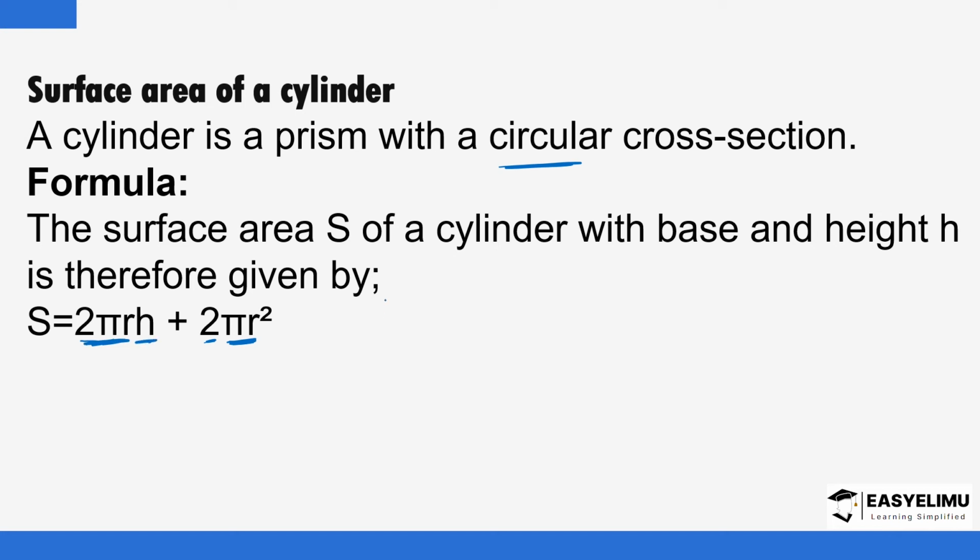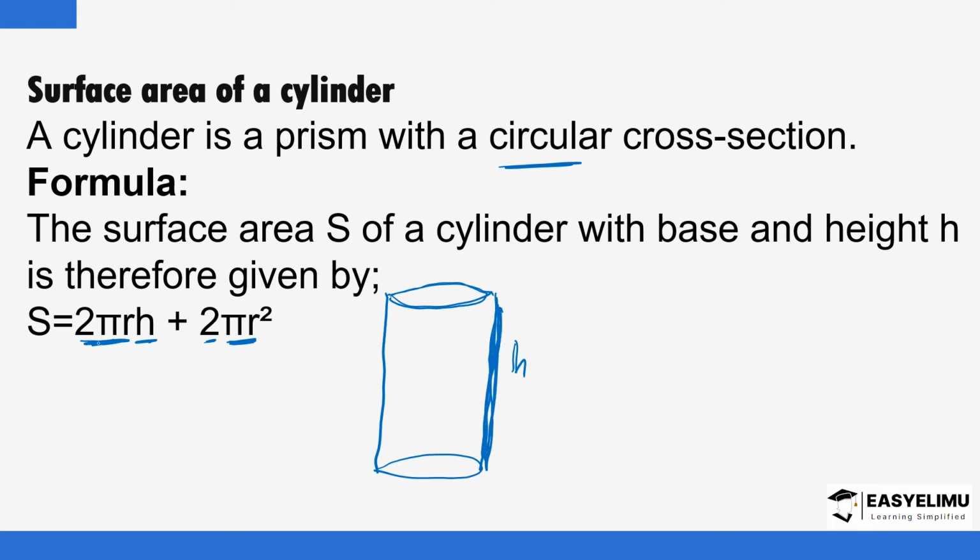Now in this case the length will be the height. The cross section is here, then the length is here, so the length here would be termed as the height.